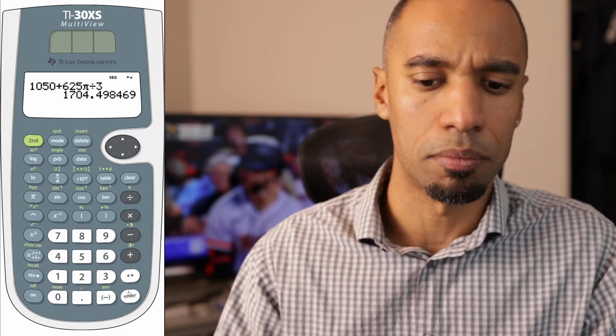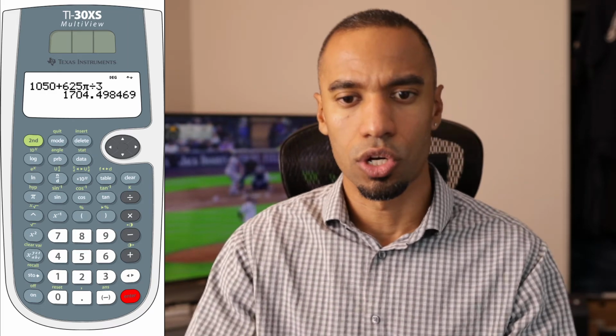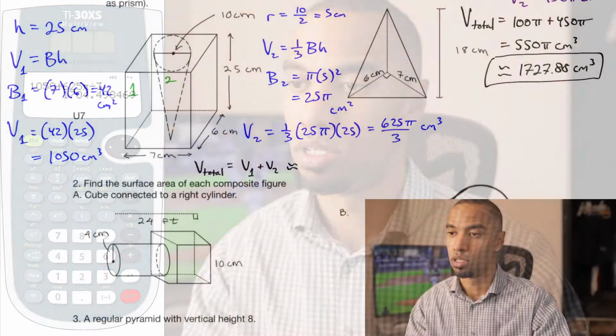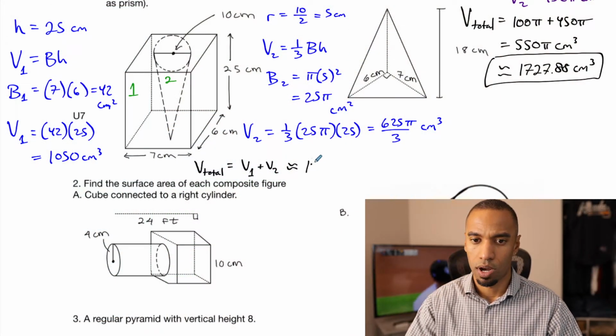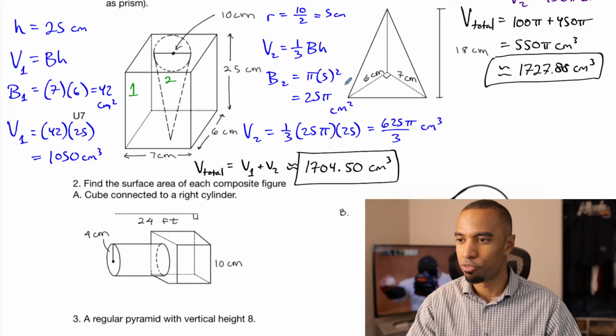Hope I'm not miscalculating some of those things in my head. I don't think I am. Over 3. We got 1704.498. That rounds up to 0.50. So that'll be 1704.50. Everything's rounding up so far. 1704.50 cubic centimeters.